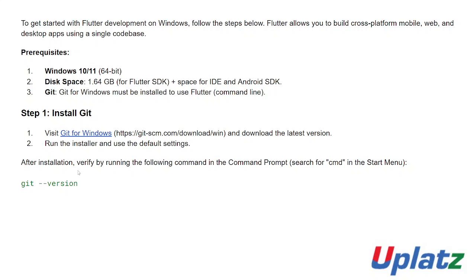After installation, verify by running the following command in the command prompt. Search for cmd in the start menu. git --version. It will show the Git version. Then you can understand whether Git is installed or not.